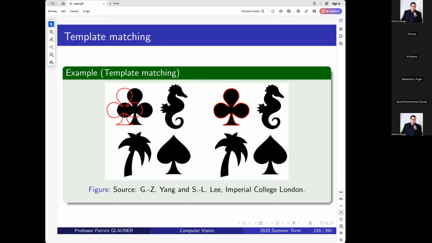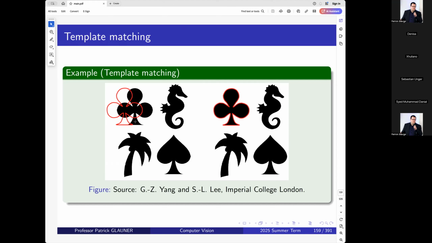It may work very well in a controlled environment where we know exactly what the objects should look like. We know their size, their shape, and maybe illumination is not an issue, because if there was illumination that could make these objects look somewhat different because of shades, then such a template matching also wouldn't work very well.